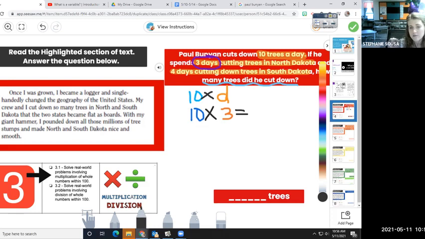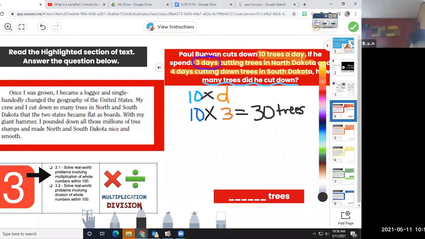Braden, 10 times 3 is? 30. So the answer here is 30 trees. Let's write it down. So this was North Dakota.